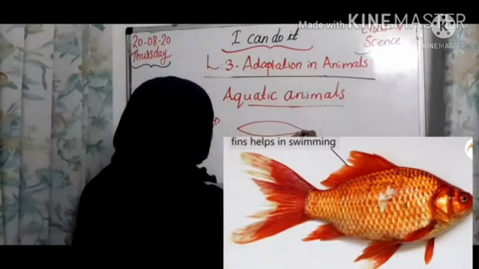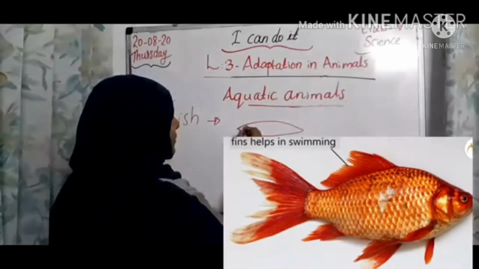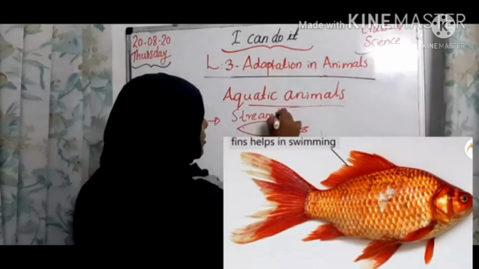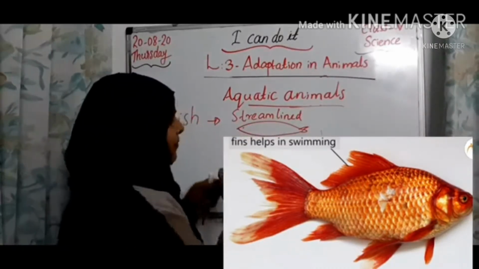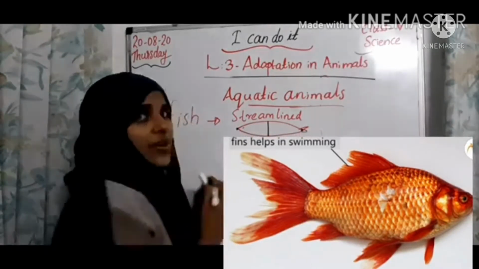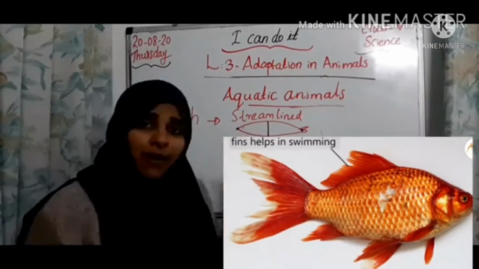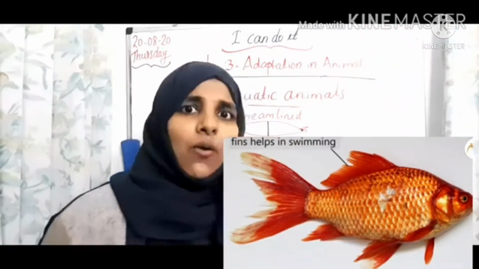Like a boat-shaped body that we call a streamlined body. Streamlined body means its center part is very broad, right? Then both ends are very narrow. This streamlined body helps the fish to move easily and quickly in the water.